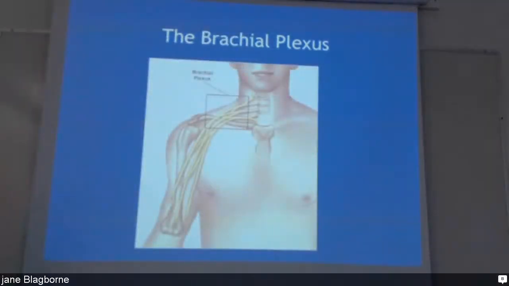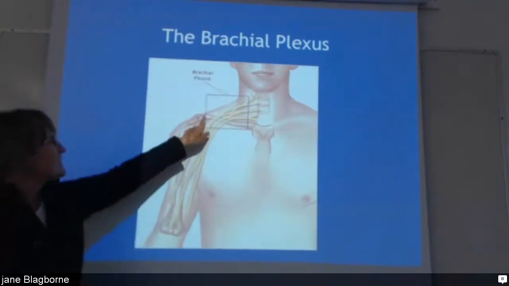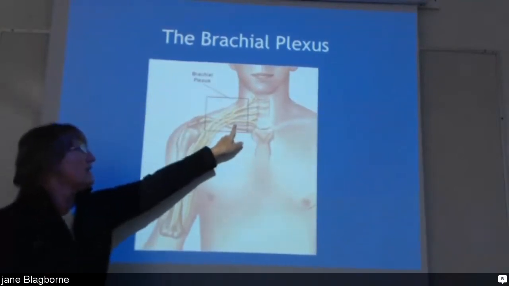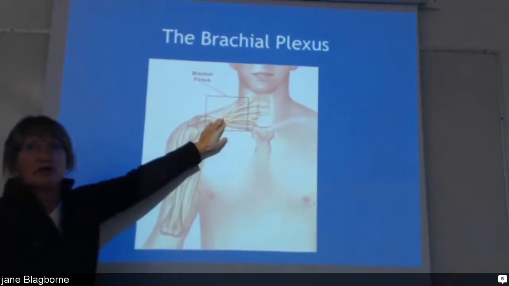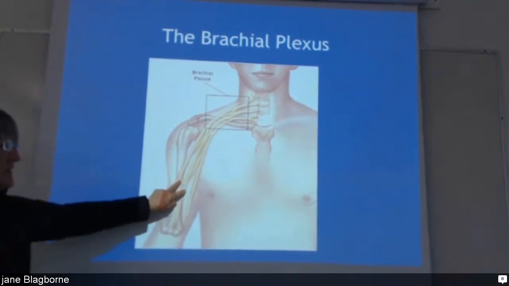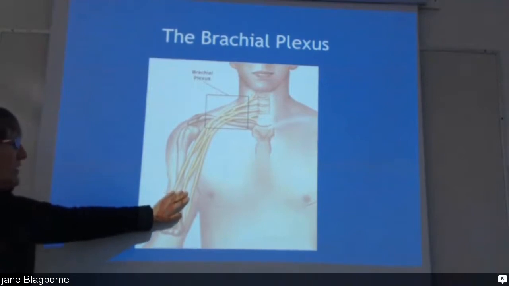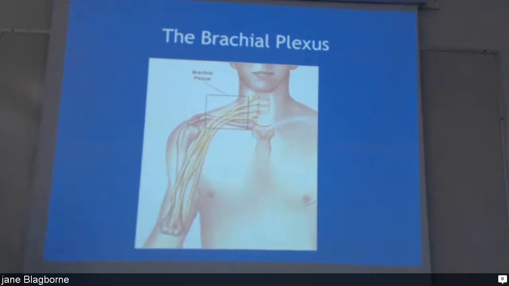So the brachial plexus is right here by the collarbone. If you had somebody who had fractured their clavicle, they may damage the brachial plexus. Immediately you get loss of nerve innervation in that arm, with numbness and tingling, and changes in the color, sensation, and movement.